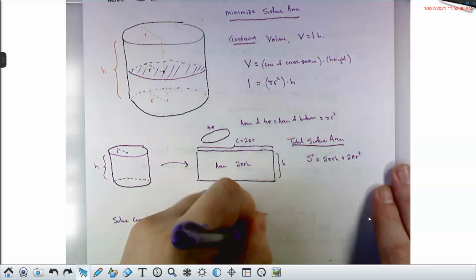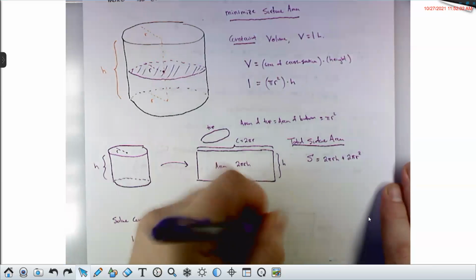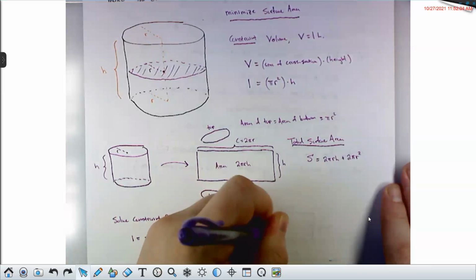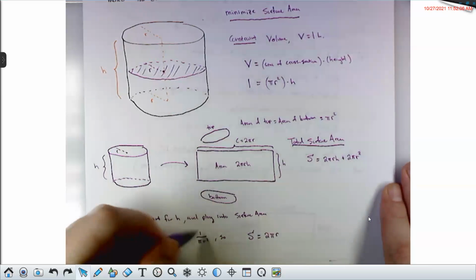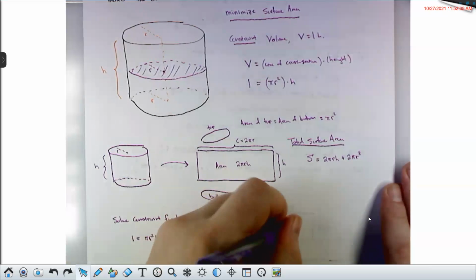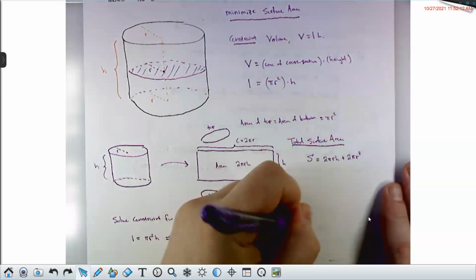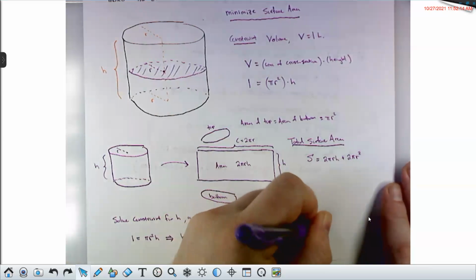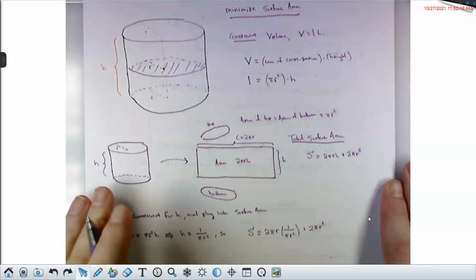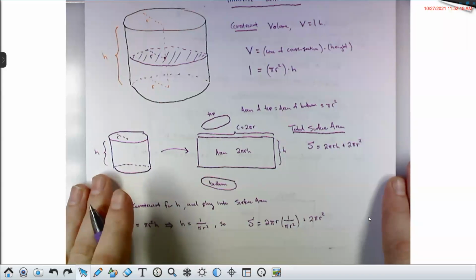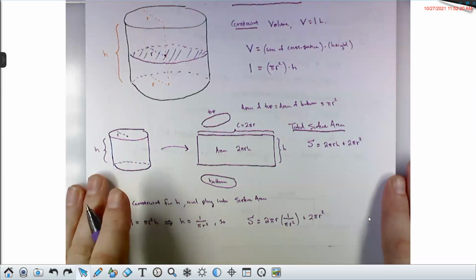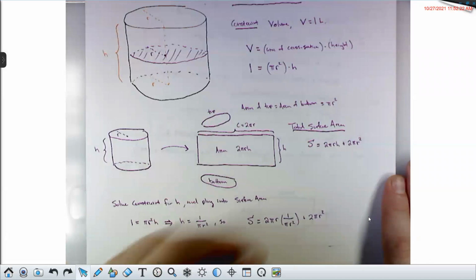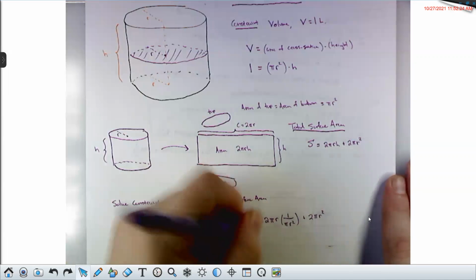So my surface area is 2 pi r times 1 over pi r squared plus 2 pi r squared. And I can clean this up.